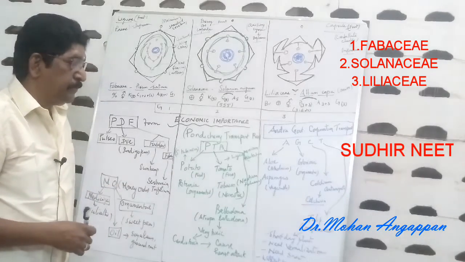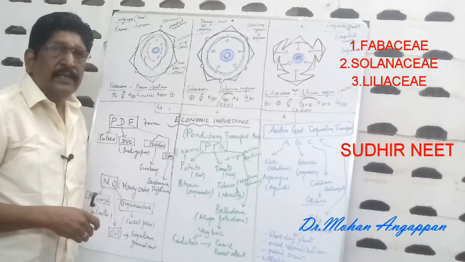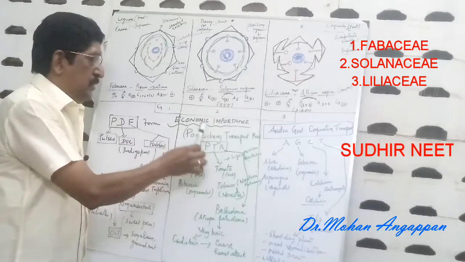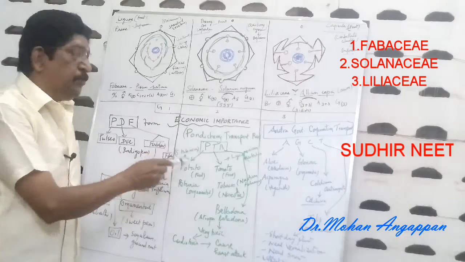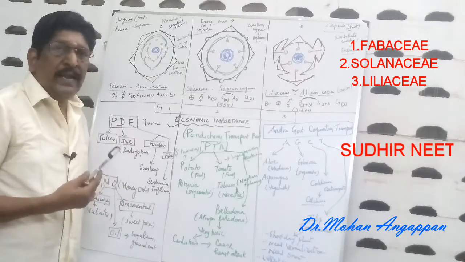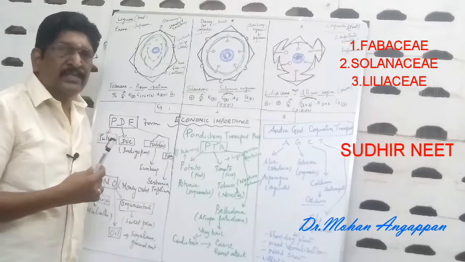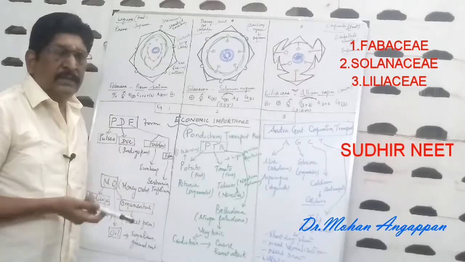Tobacco is a narcotic. Nicotiana tabacum, botanical name Nicotiana tabacum. So you remember this public transport bus for this Solanaceae economic importance. P represents potato, Solanum tuberosum, food. T represents tomato, Lycopersicum esculentum, and then tobacco, narcotics.